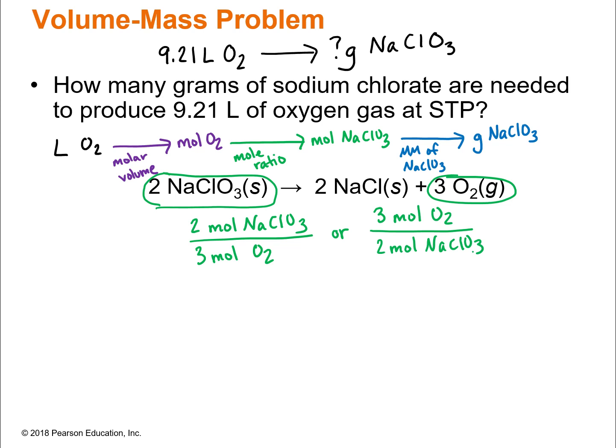We've got those written out. We can write out all the numbers and choose which one makes sense as we're going through. Starting with the 9.21 liters of oxygen gas.